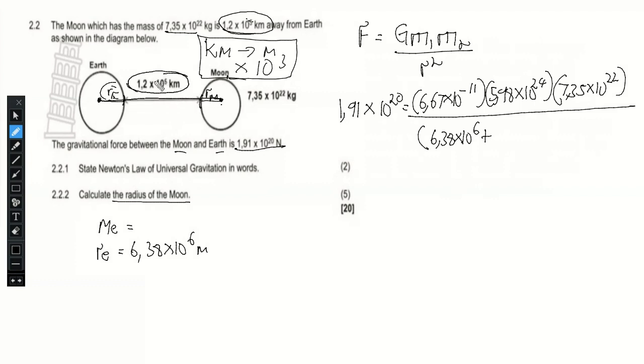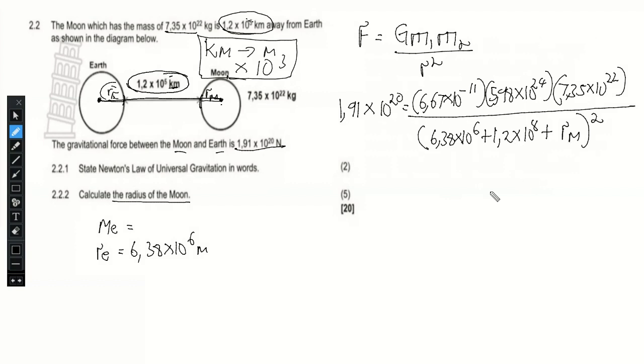So we have to add the 1.2 times 10 to the exponent of, but remember, this is in kilometers, we need to convert to meters. So multiply it by 10 to the exponent of 3. We will add the exponents, and this will become 1.2 times 10 to the exponent of 8 plus the radius of the moon, and then close bracket and you square that, right? So this is the square of the distance between their centers. This is what they mean, right?